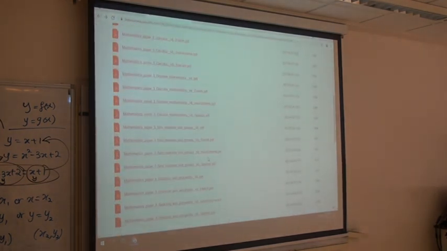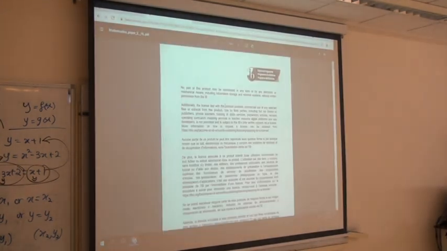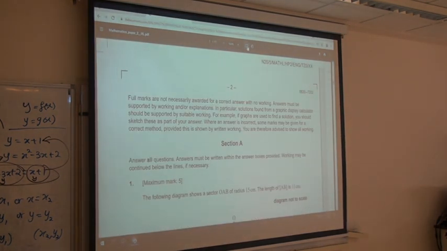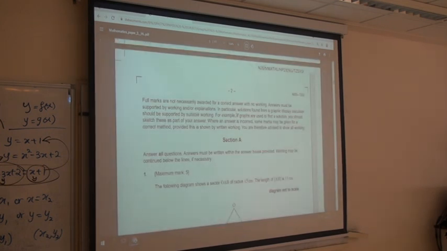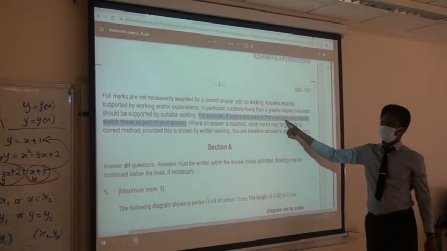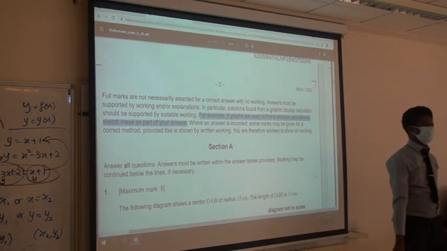Anyway, maybe I'll try to find one of the latest papers, but let's check HL2. Ah, look at this. Can you see? Can we read that? For example, if graphs are used to find a solution, you should sketch this as part of the answer.